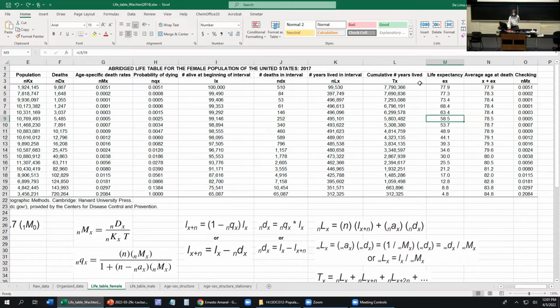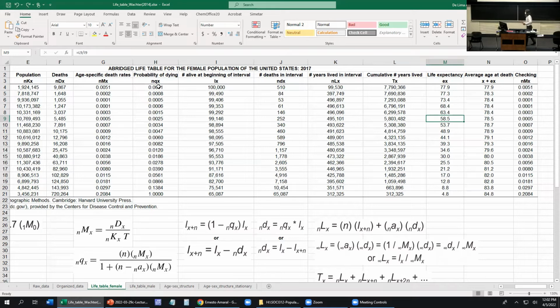It doesn't have the N because we are talking about people entering that interval. For people who reached age 20, they had the chance to die before, but they did not die. They had the chance of dying here, here, here, here, and here, but they did not die. They survive at least to age 20.